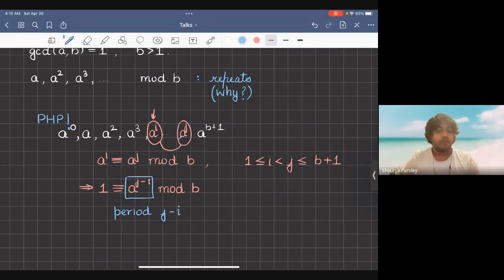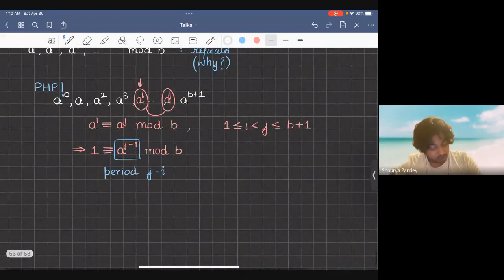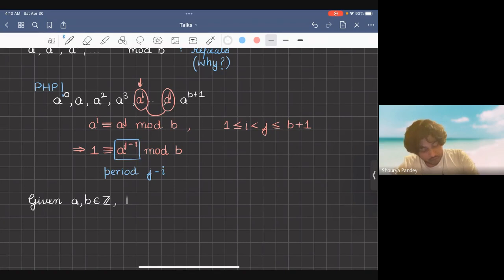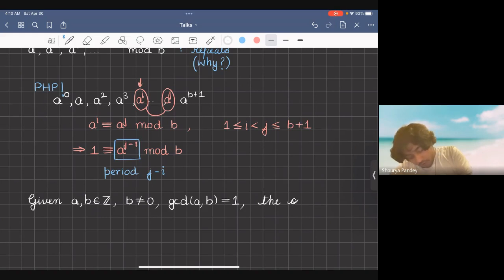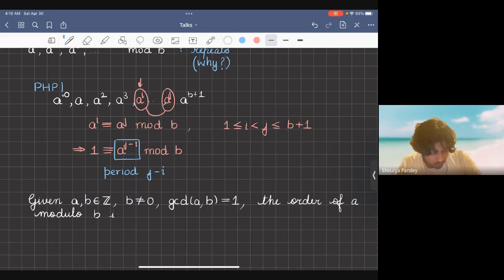The period can be smaller, but that doesn't matter. We just wanted this. The definition is: given a, b integers, b not equal to 0, and GCD(a, b) equal to 1, the order of a modulo b is the smallest natural number h such that a to the h is congruent to 1 mod b.